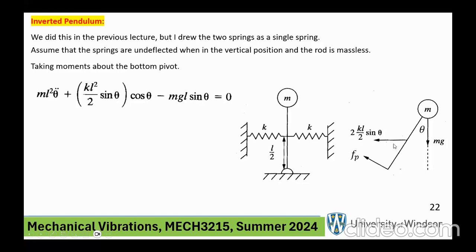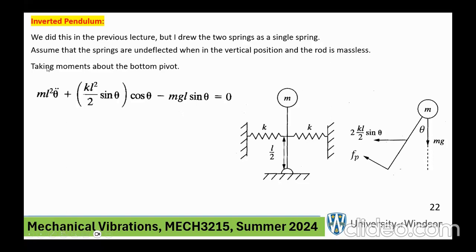So we have the force, which was written for you right here: KL sine theta, the force, where the 2 and 2 cancel. And the moment arm about this point is this vertical side, which is L over 2 times cosine of theta. It was on the right-hand side and negative. When we bring everything to the left-hand side, that's why this became positive, this became negative.